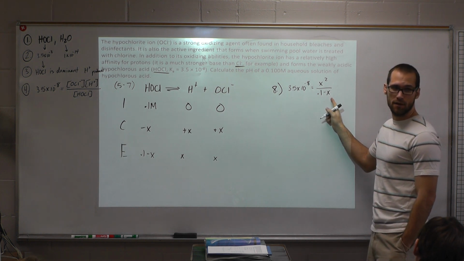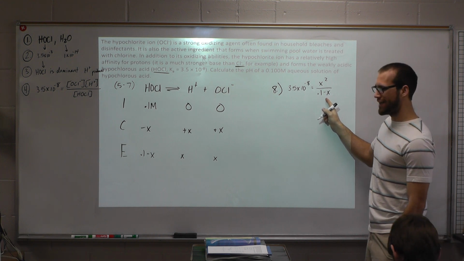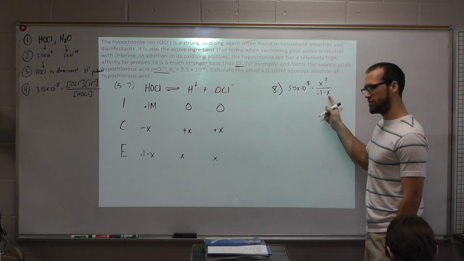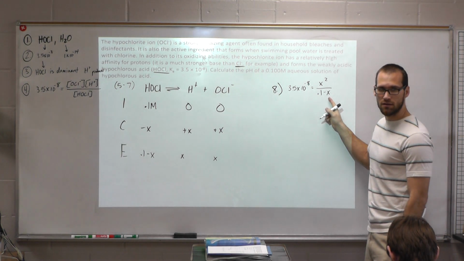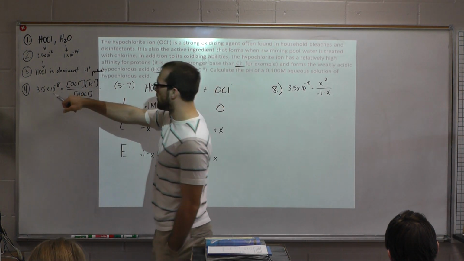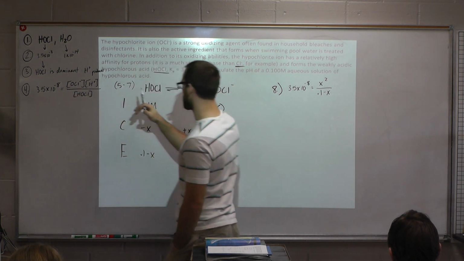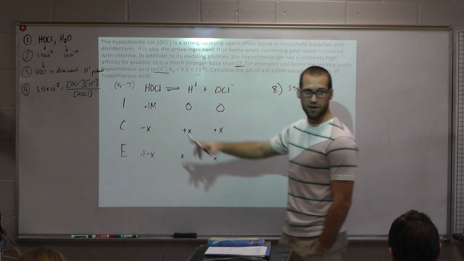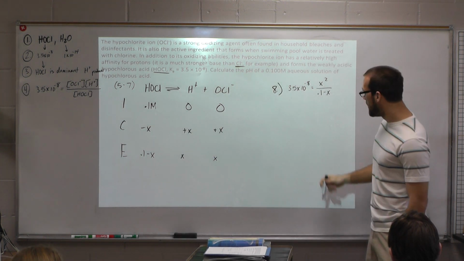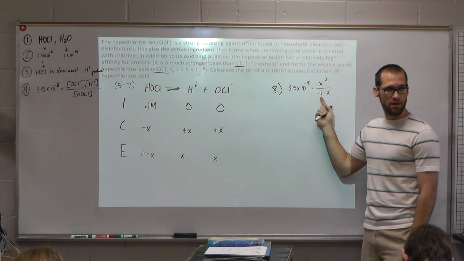Okay, and why is a 5% test a legitimate option? Yeah, it's such a small K value, which means it's a weak acid, which means this isn't going to break apart into that much, and the change is going to be small and pretty much negligible to affect that number 0.1.